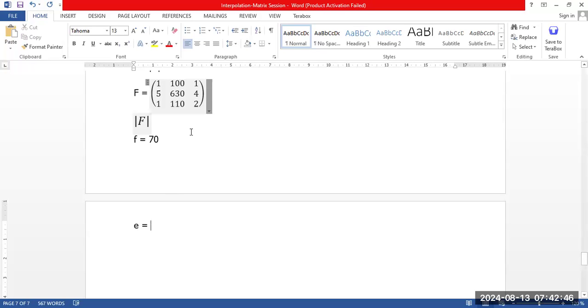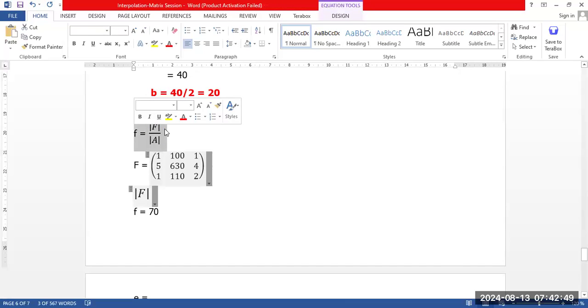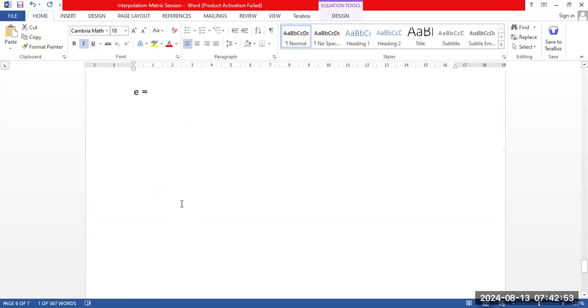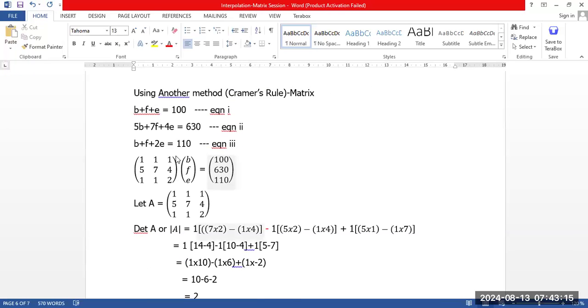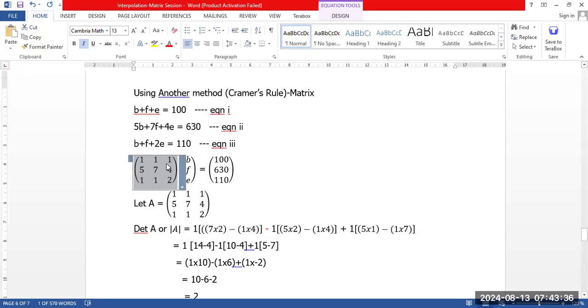Here you put capital E. You will need matrix E. But which column do you find E in?